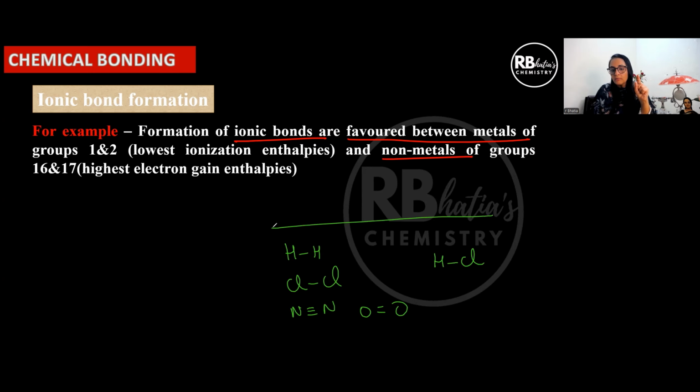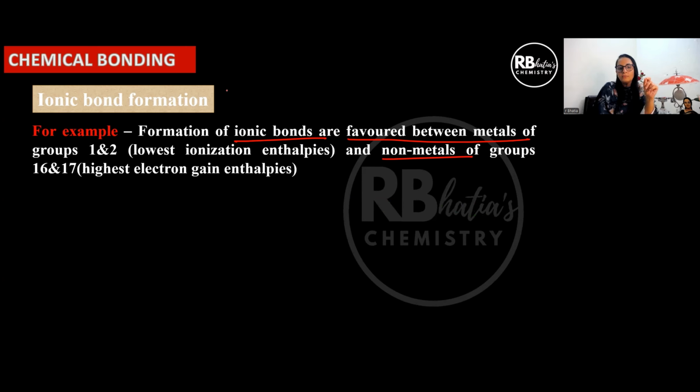I'm talking about covalent bonds, the point we've already discussed. But ionic bonds are always formed between dissimilar atoms. Please remember, dissimilar atoms means one has to be a metal and another a non-metal.